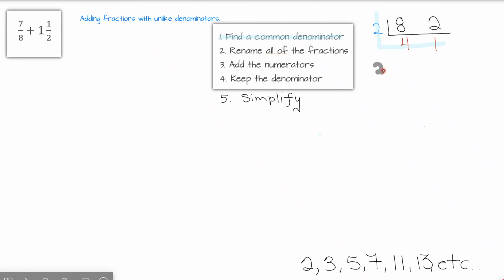So 2 times 4 times 1 equals 8. So your LCD is 8. Now we're going to go on to step 2.